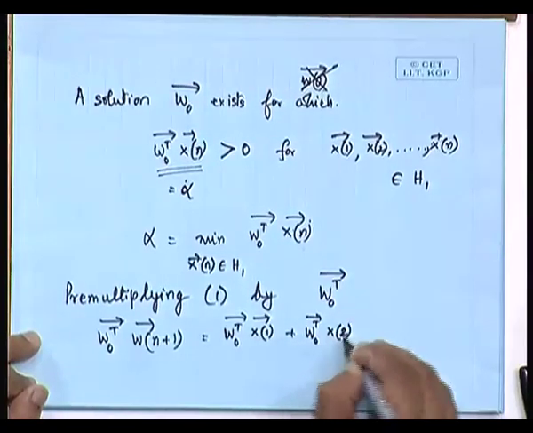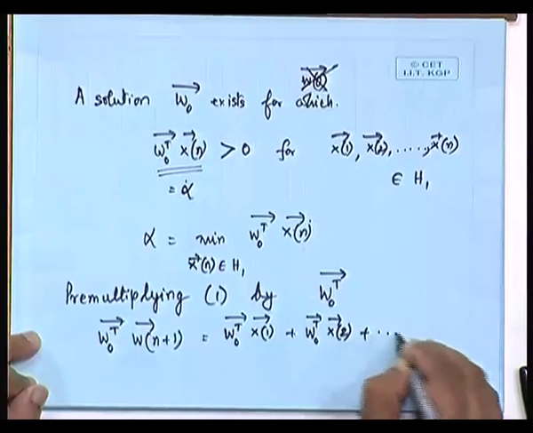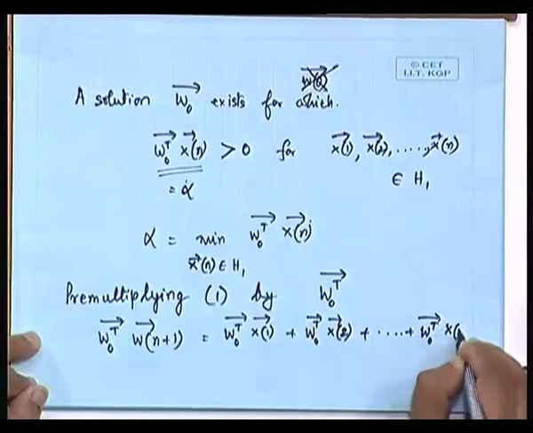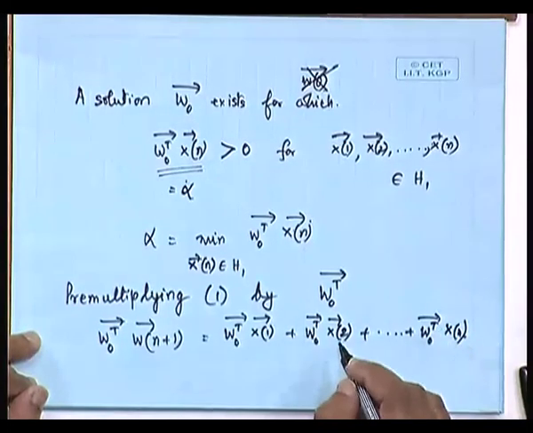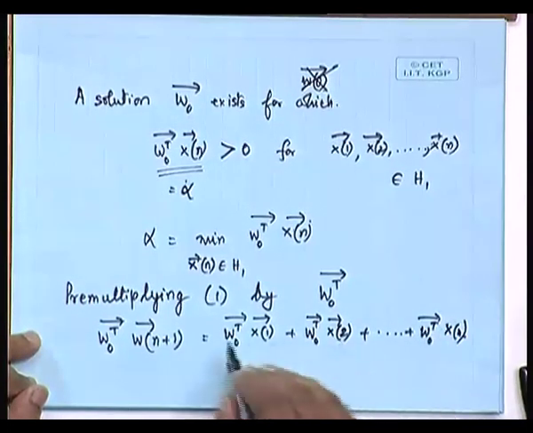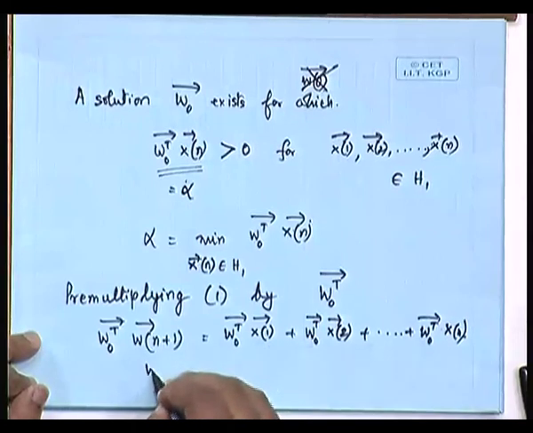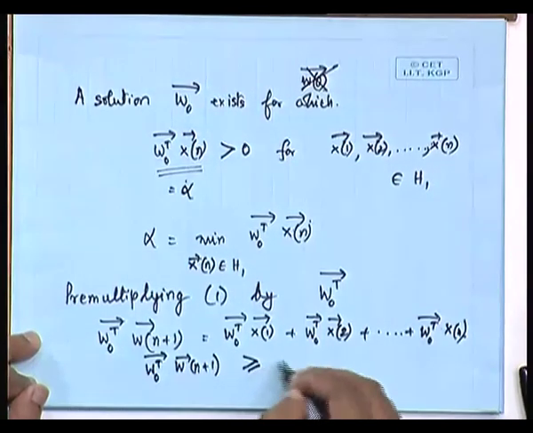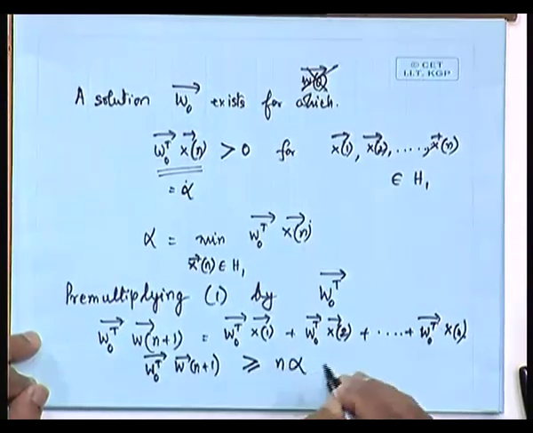Our summation series would look like this: W0 transpose xn, and because individually all these terms are greater than or equal to alpha, W0 transpose Wn plus 1 is greater than or equal to n alpha.